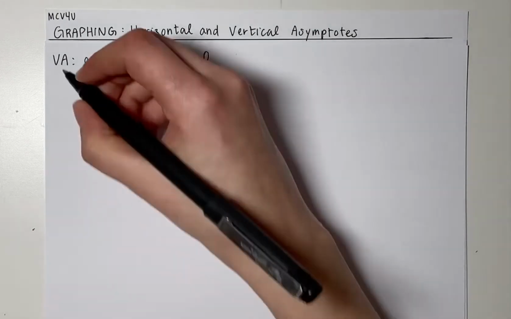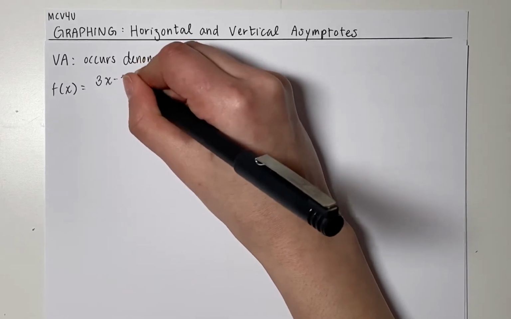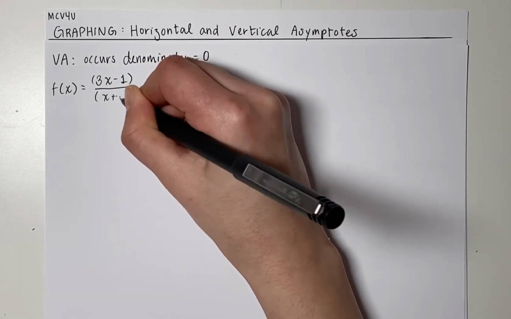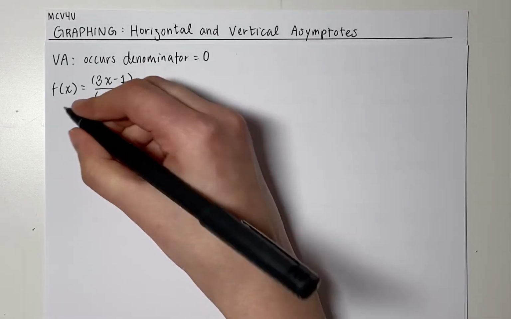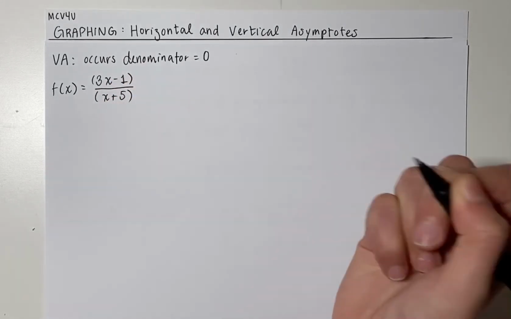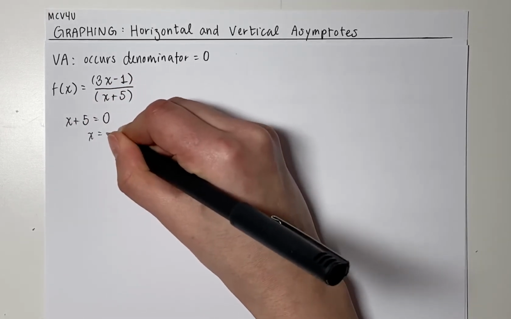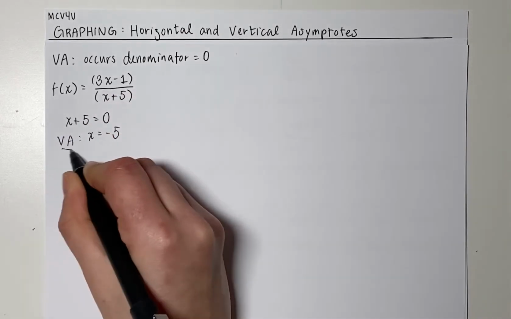So let's take a different example this time. f of x equals 3x minus 1 over x plus 5. We know the vertical asymptote occurs when the denominator equals 0, so when x plus 5 equals 0, making x equal negative 5 our vertical asymptote.